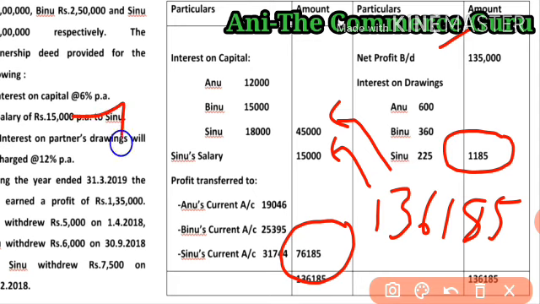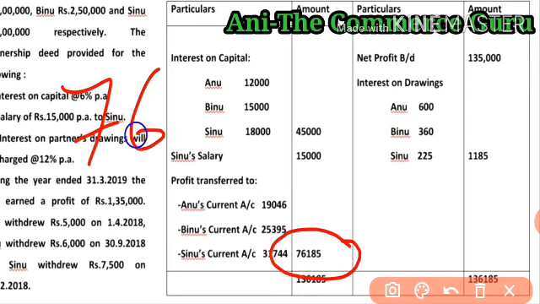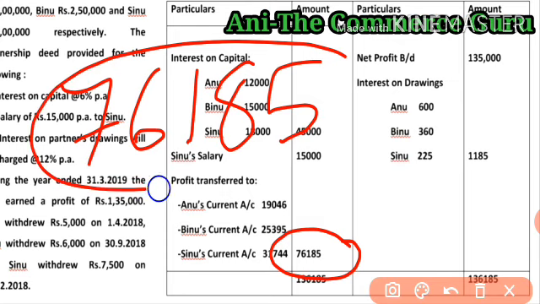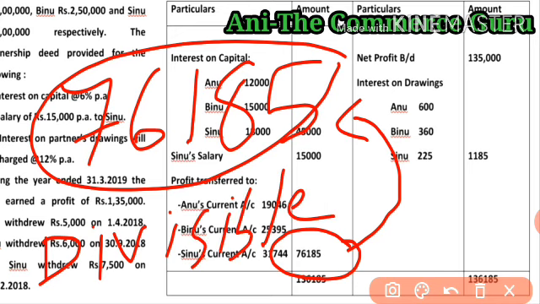The balance profit is 76,185. This profit is called divisible profit. Divisible profit means after all appropriations, this is the left-over profit which needs to be distributed among the partners in their profit sharing ratio.